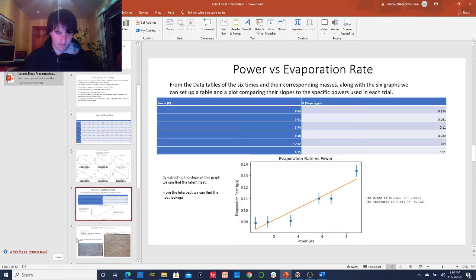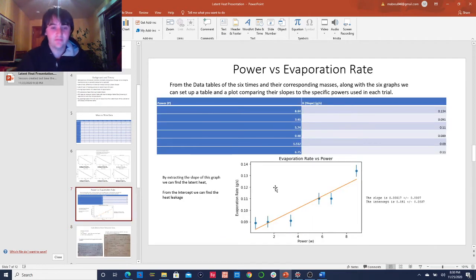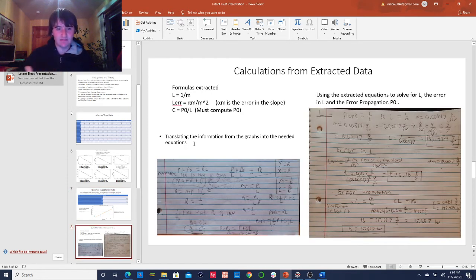By doing the inverse, we are able to compute the latent heat. And since the latent heat is constant, we can get a best guesstimate of the latent heat based on these 6 trials. If we did more trials, we would be able to get a better estimate of what it is. But since we only did 6, the best estimate we can get is what ends up being gotten here when computed.